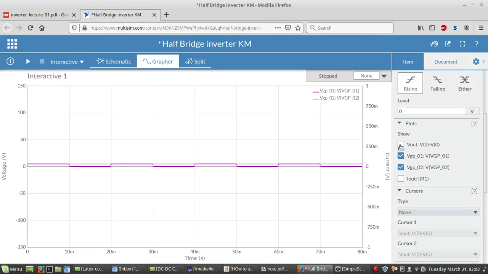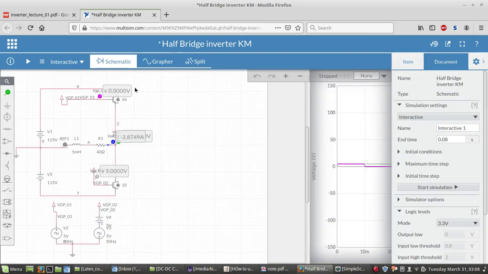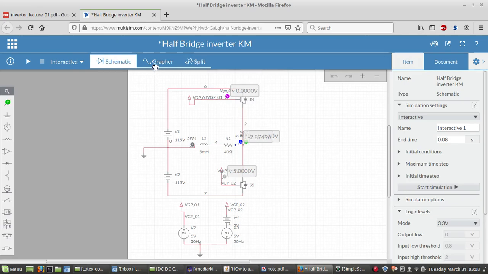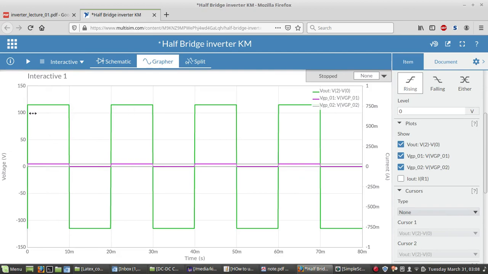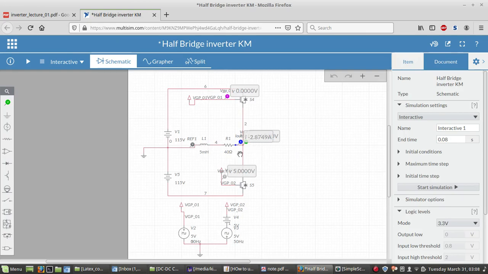Now what is the voltage? That means whenever this switch is on, the voltage should be a positive voltage. Let's see. Look here, it is a positive voltage, same as the source voltage. And whenever my negative logic is high, then my voltage across the load will be negative and equal to this voltage.